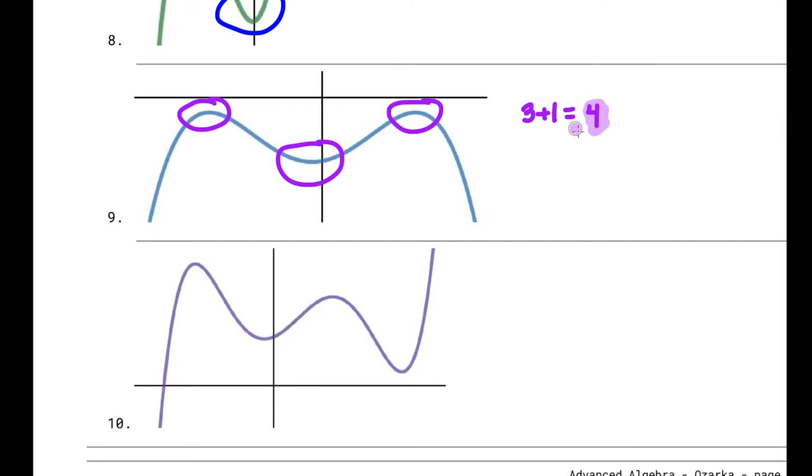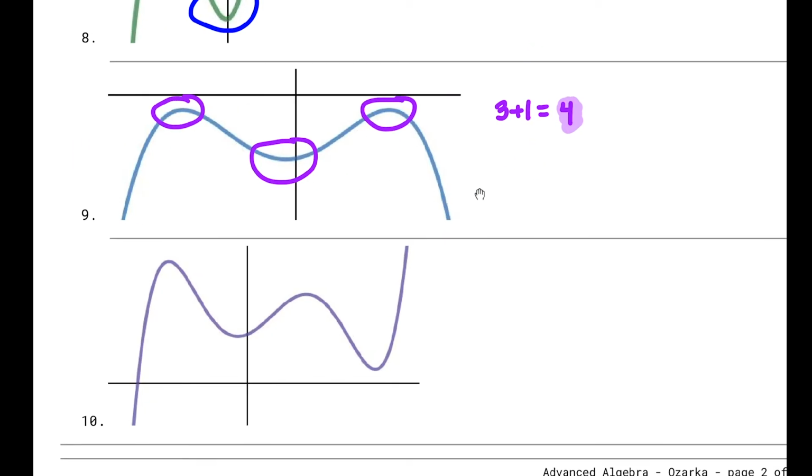Okay, and again, as a review, you just count how many relative extrema there are, and then you add 1 to it. That will tell you the minimum degree that you can have for the polynomial of the graph. All right, and it is pointing down as we go from left to right, so that means it is going to have a negative leading coefficient.